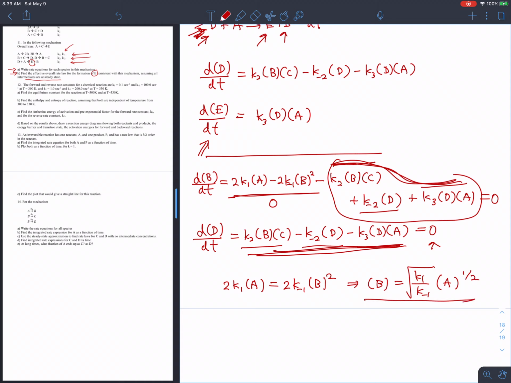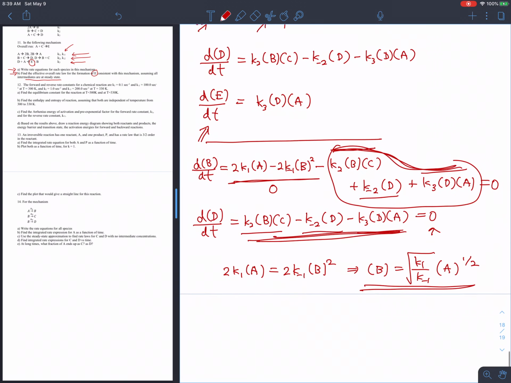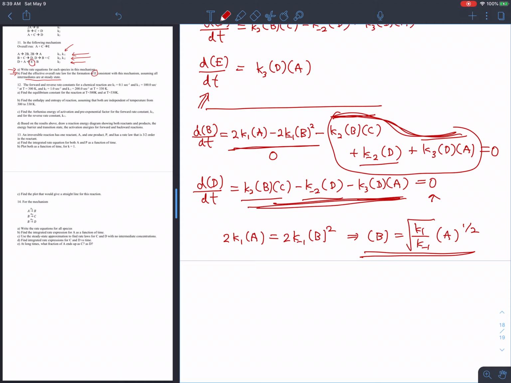All right, so we have a useful relationship for one of the intermediates. Now we've got to get rid of the other intermediate. That's the one we actually need up here, right? But we had to find this one first in order to use this equation. Now we're going to use this equation to find D. What I'm going to do is take this and factor that D out from this term.